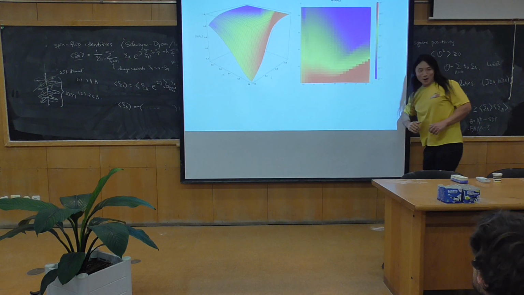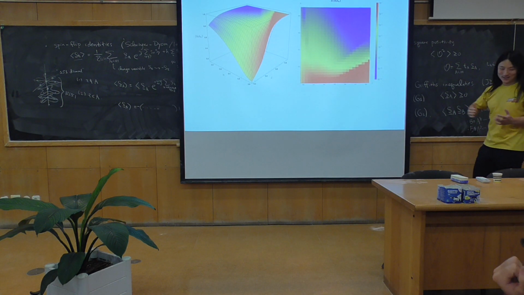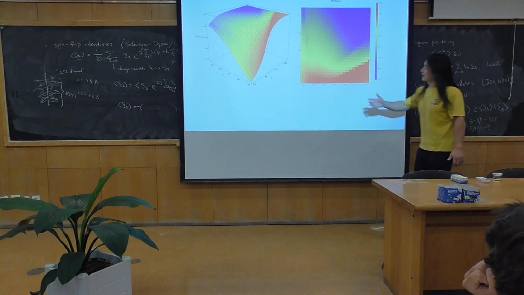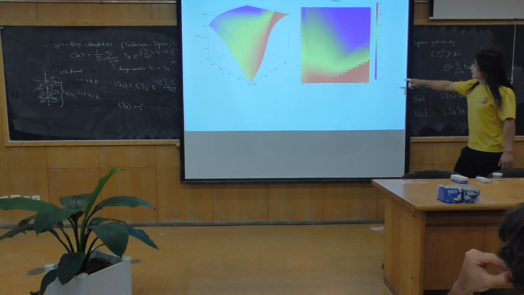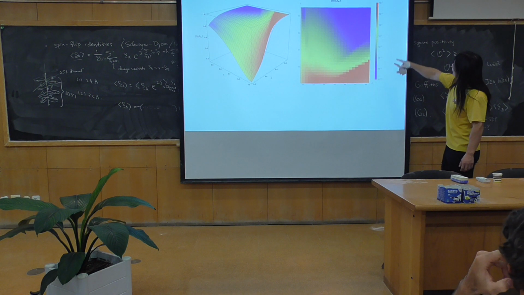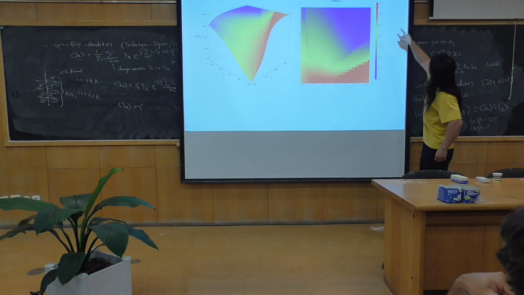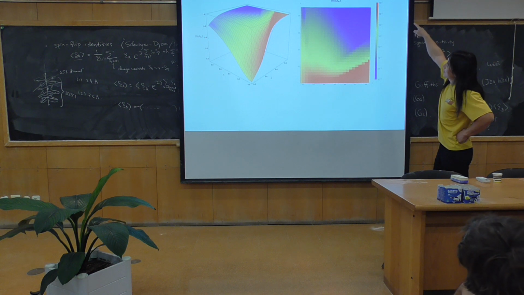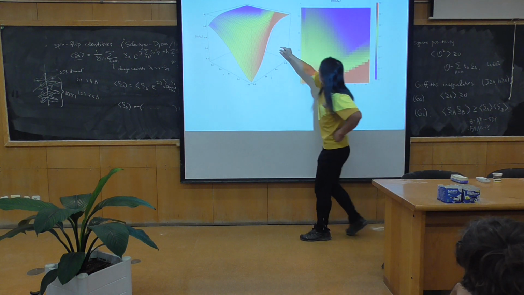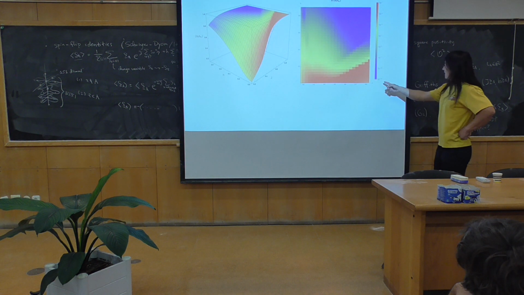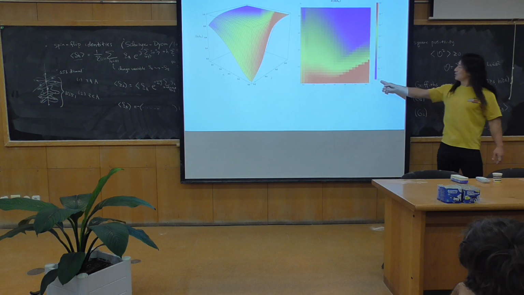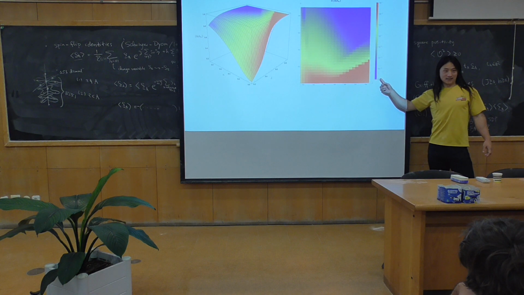In fact, to help you resolve that difference, which is not possible to see by eye, we're using this color scheme to represent the gap between upper and lower bound. And this is what the color scheme means. As you can see, on this color bar here, the red is like 10 to the minus 1, so that's the visible gap here. Blue here, the deep blue is 10 to the minus 15.